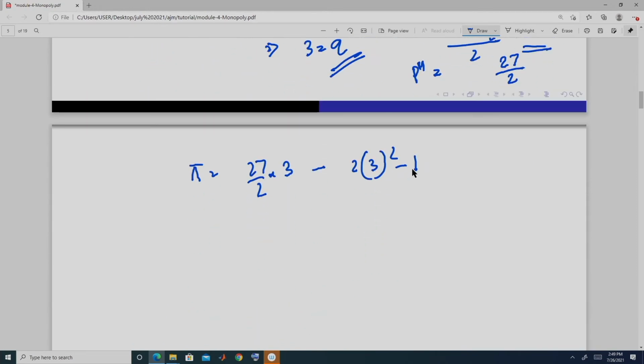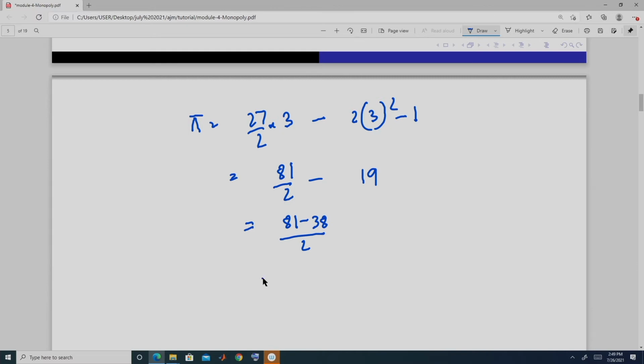So, it is going to be this, 19, so it is going to be 43 by 2. This is going to be the monopolist profit.